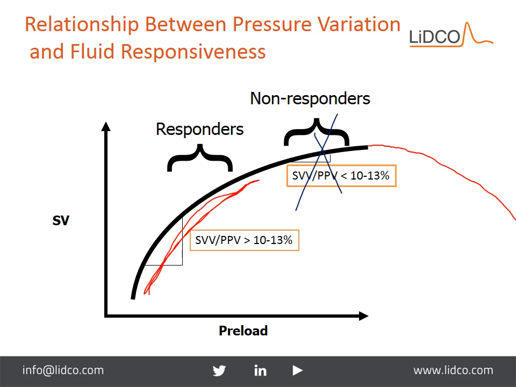And we, in fact, if we still continue to give fluid with a flattening stroke volume variation waveform, where does that fluid go? It typically goes to the lungs. We have now thrown, or could have thrown, our patient into pulmonary edema, which is a second or third hit that they did not have when they came into our hospital.